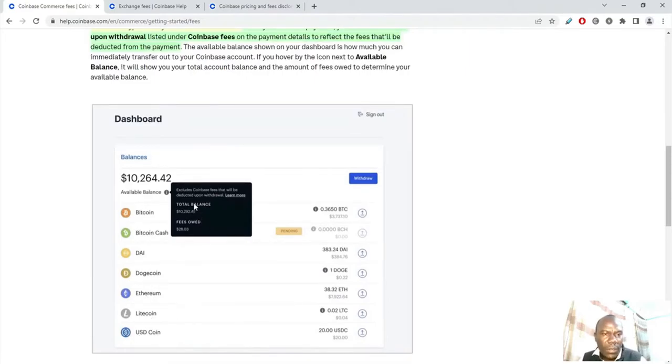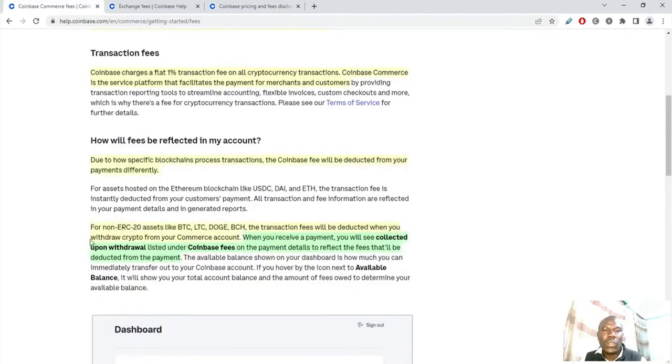The balance here is 10,292.45, so the fee owed is $28.03. This only happens when you withdraw crypto from your Coinbase account. So that's what happens there.